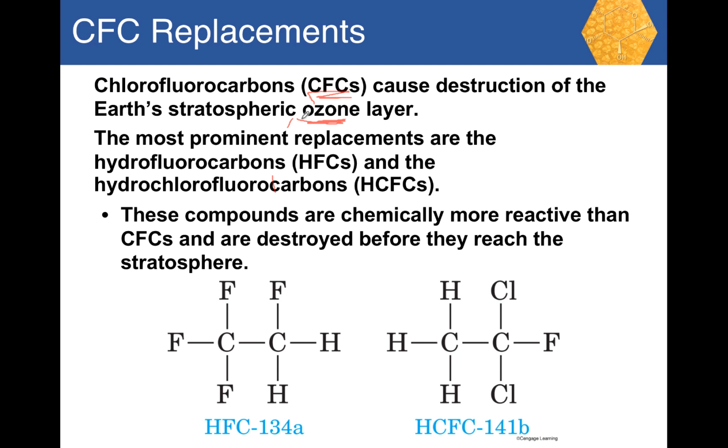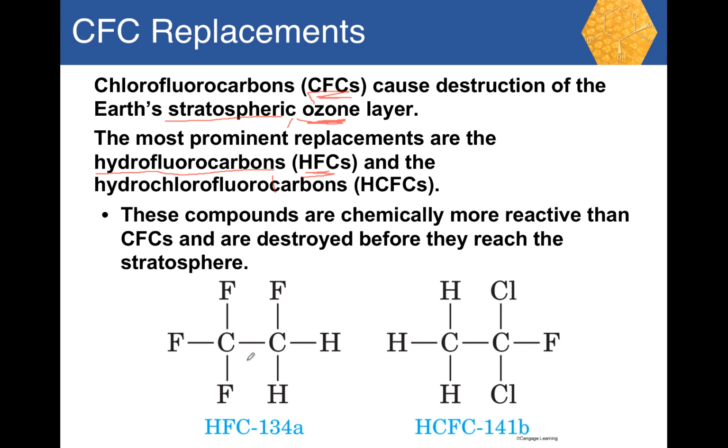Of course, as you know, the ozone is used to protect us from UV light. So they were banned a few years ago. They have been replaced by hydrofluorocarbons, HFCs. The aspect here is that they are a little more reactive, so they get destroyed before they get up to the stratosphere where the ozone layer is, so it's not as destructive to the ozone layer.